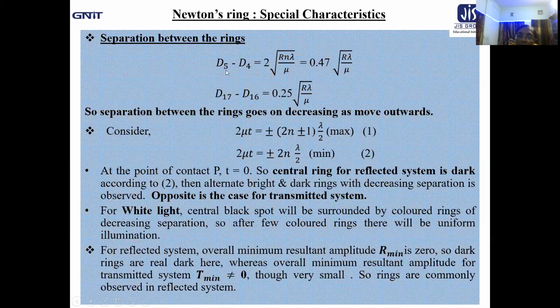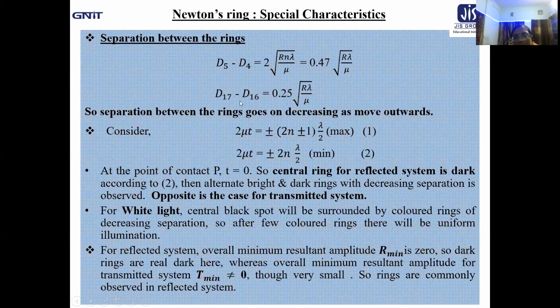Mind it, previously we considered Dn square, that's why we got 4nλR by μ. Now you are taking Dn, so it will be 2 and the square root will come. Be careful about this point. Using this formula with 5 and 4, that means root of Rλ by μ into (root 5 minus root 4), you will find 0.47 root Rλ by μ.